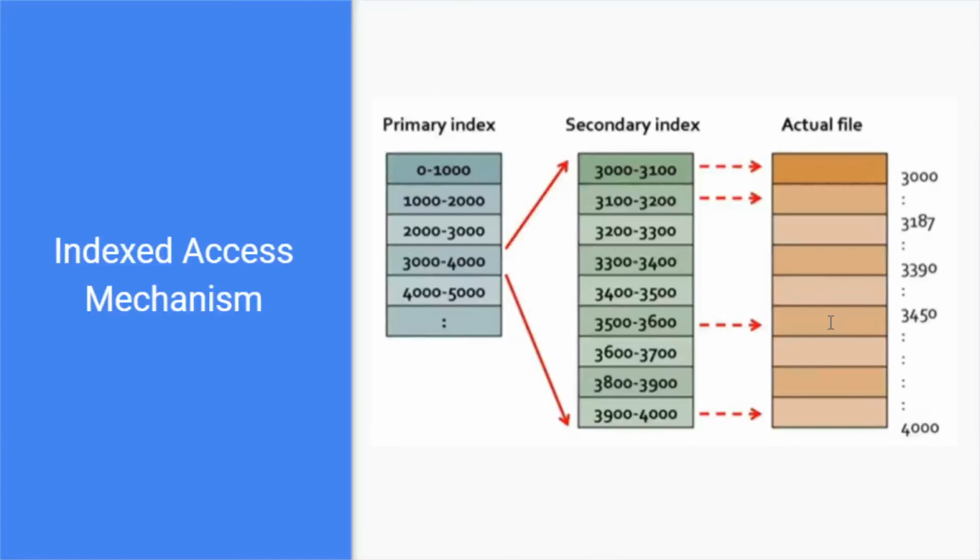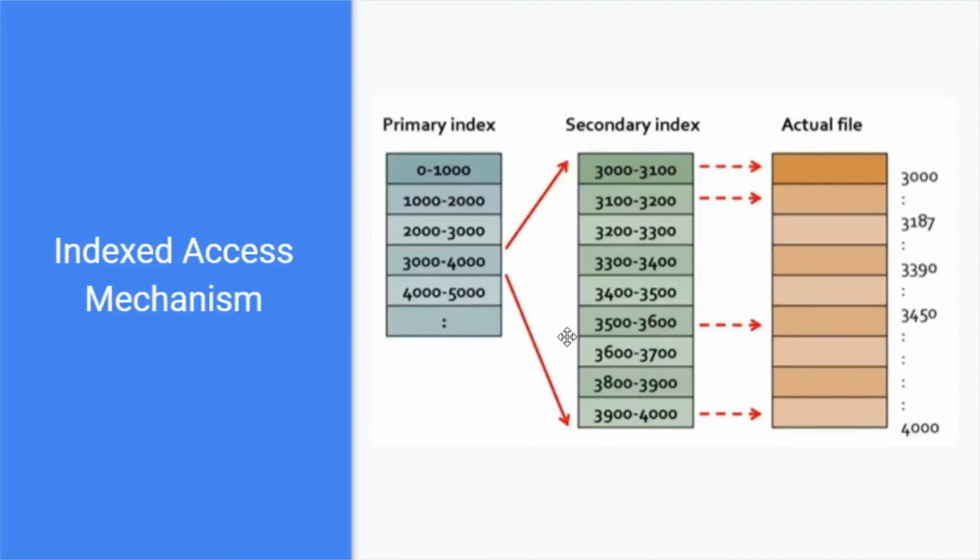As we can see here, there is the index for the records of a file. Records 0 to 1000 can be accessed using this index. If we want to access, suppose, record number 3010, we'll move to the index 3000 to 4000 and find that those records can be found in this location, starting from 3000 to 4000.